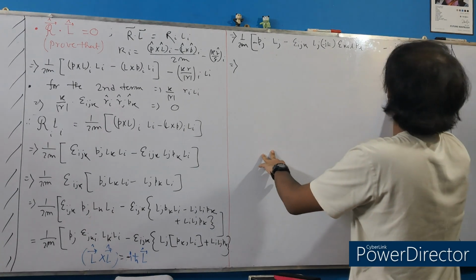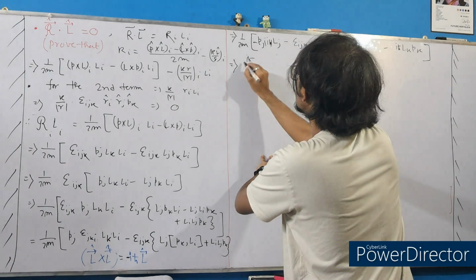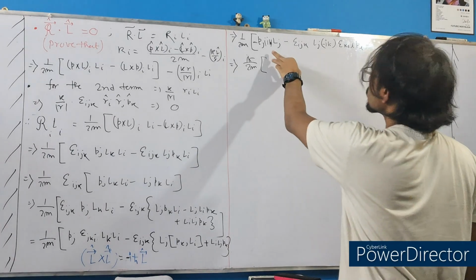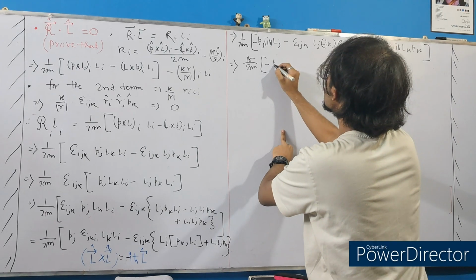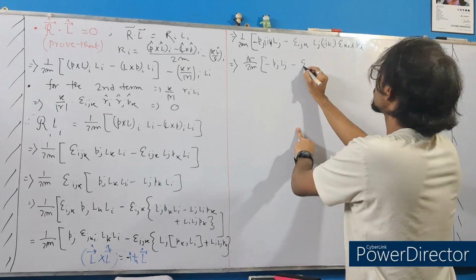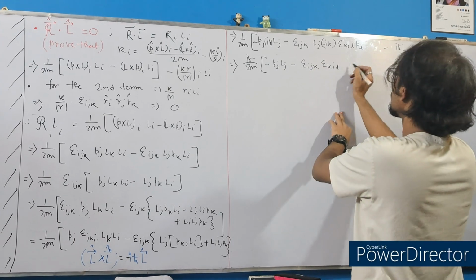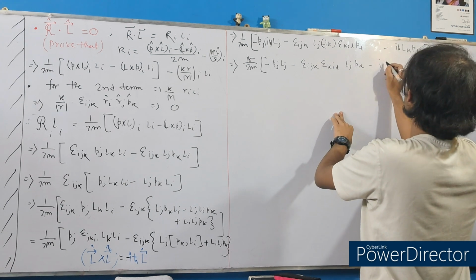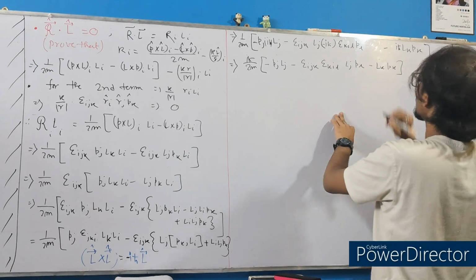And you guys can keep that iħ by iħ by 2m. Okay. Now I have here minus Pj Lj minus epsilon Ijk epsilon Kil Lj PL minus iħ taken, so Lk Pk. Okay.